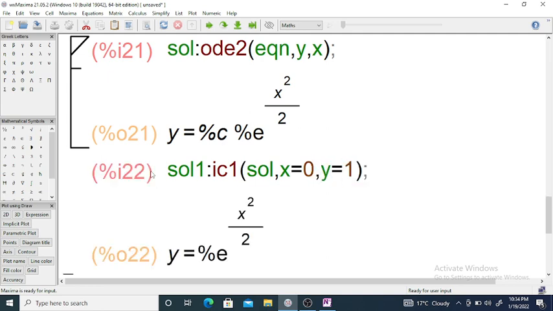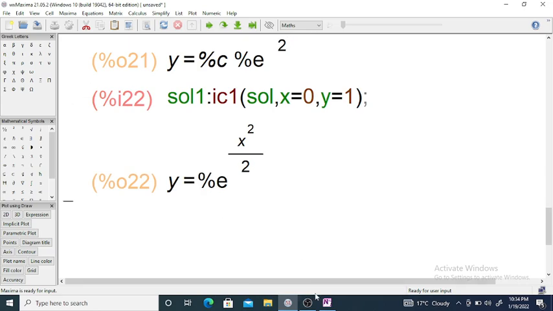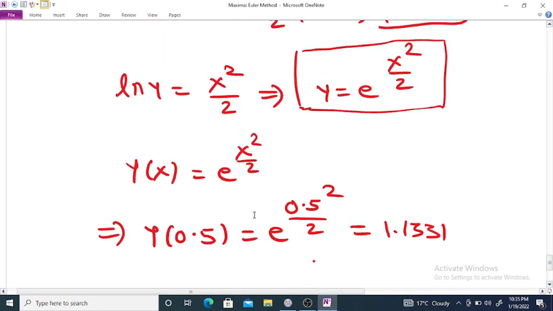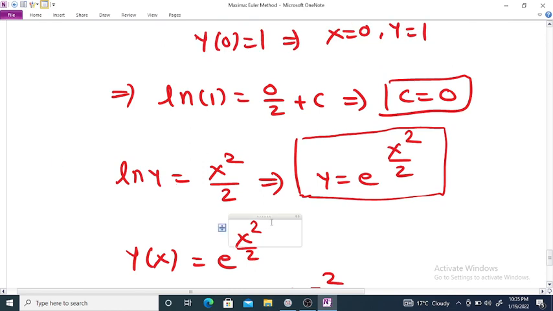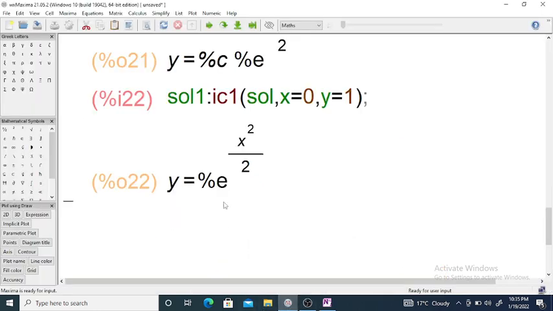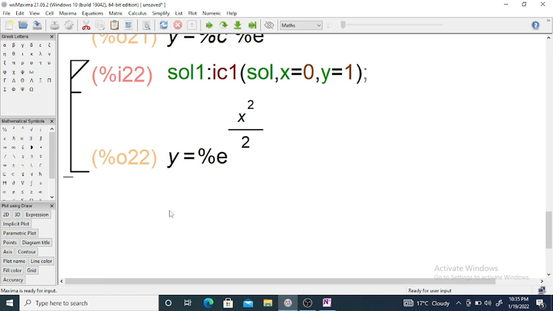If you put this initial condition, we get y is equal to e raised to x square by 2, because c is 0. Finally, we want the answer at x equal to 0.5.